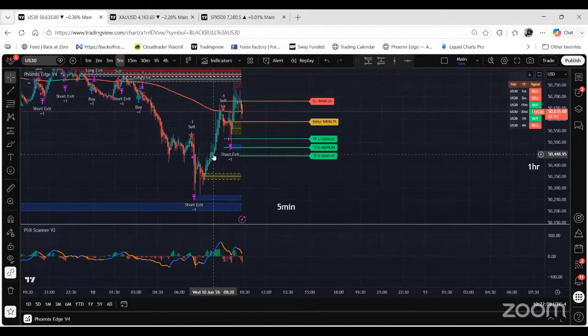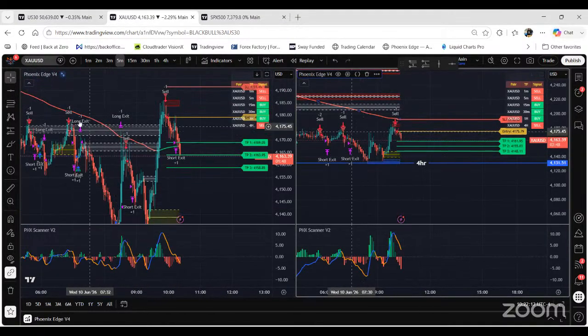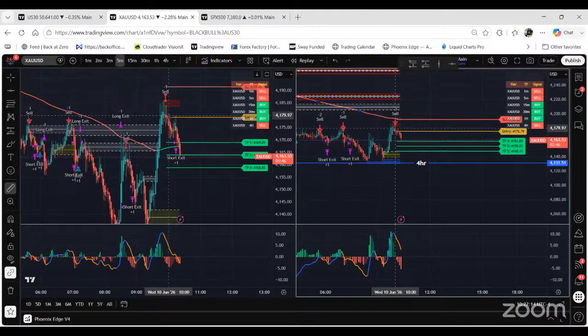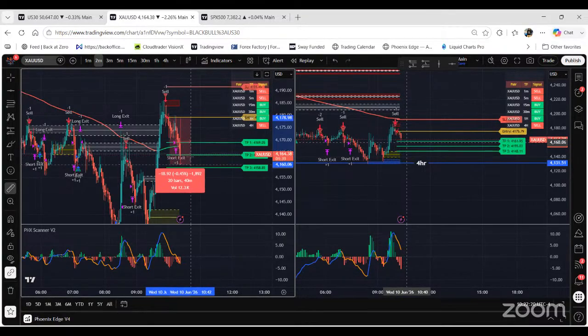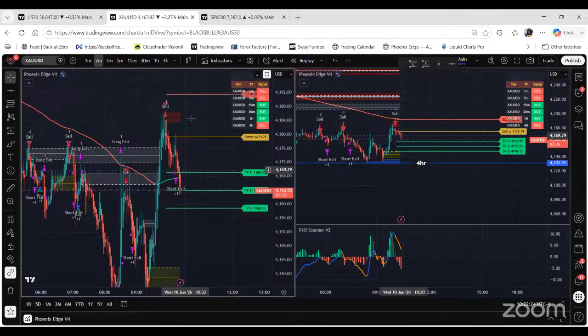Okay, like Ryan said, if you took that gold trade, definitely make sure your stop loss is in profit on whatever time frame you took it on, because it was on multiple. So the 2 minute, you were at about 153 pips.